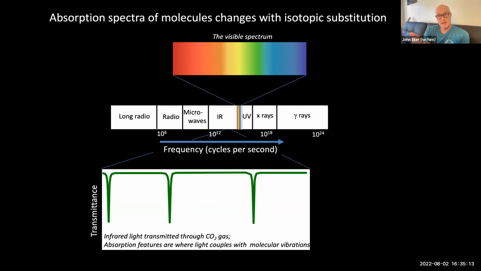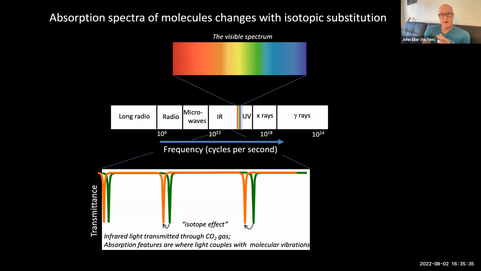These absorption bands correspond to the wavelengths of light that match the frequencies of molecular vibrations. When incoming light matches a frequency of molecular motion, the two couple with each other, and the energy of the light can be dumped into the energy of motion in the molecule. It excites the molecule, and the light gets absorbed.